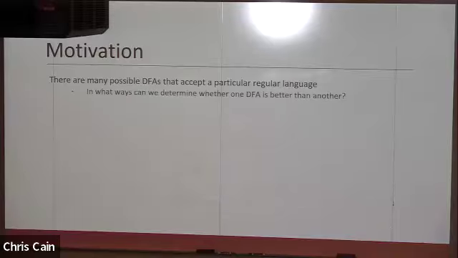So in determining whether one DFA is better than another, in general, we just care about fewer states. Fewer states means that we can potentially accept or reject faster, and it takes less storage space when we digitally represent this state machine.